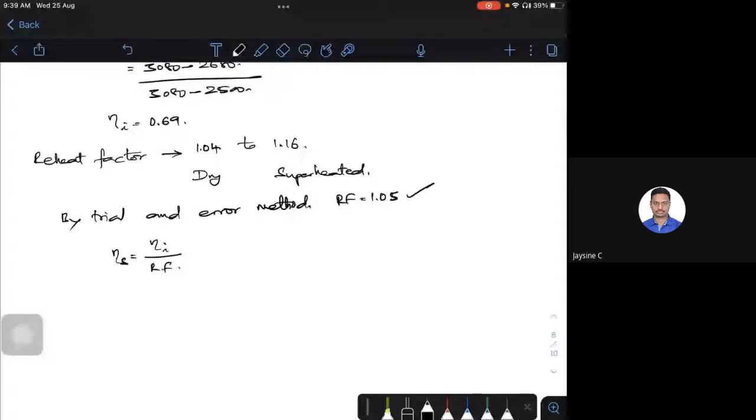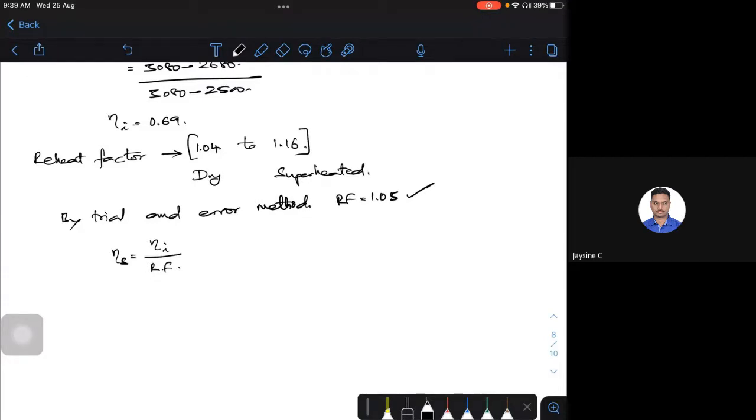Either I can get it from the plot, or I can assume a value between 1.04 for a dry saturated condition to 1.16, or I can go for 1.1, doesn't matter. Two choices: either go with the assumption or go for a trial and error plot. The number should be between these limits, 1.04 and 1.16, and you should justify why you are taking that. I'm taking 1.05, or I can take 1.1, it doesn't matter.